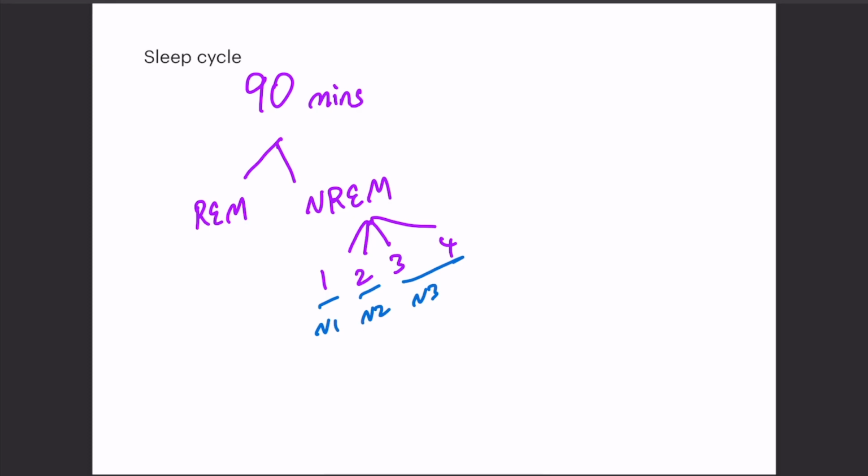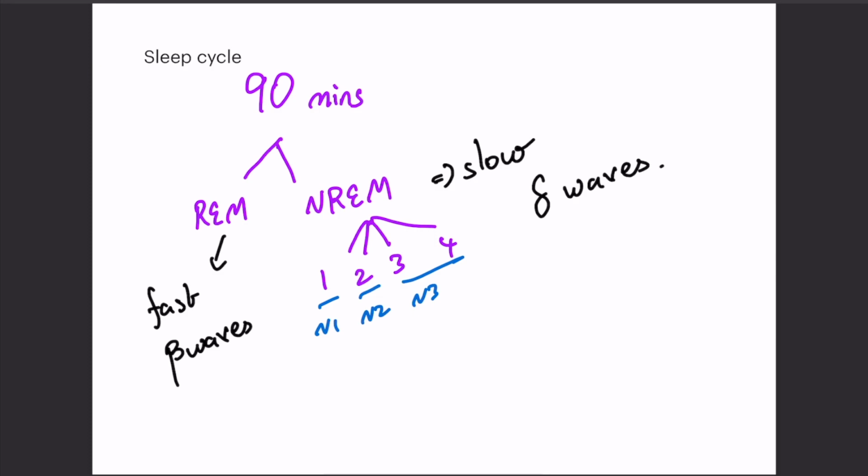So basically NREM has slow waves of sleep while REM has fast waves, that is beta waves. Here there are delta waves. Beta waves are produced during wakefulness, that is when you are awake. This wakefulness is present in sleep time, so our body may move.